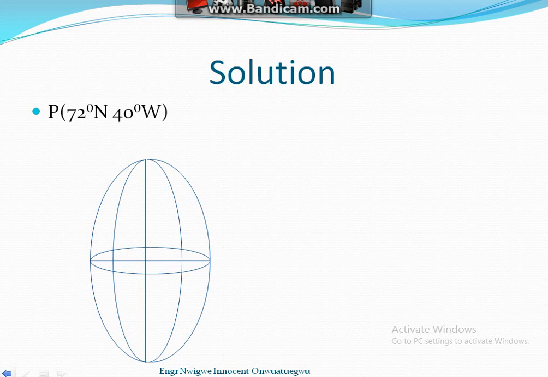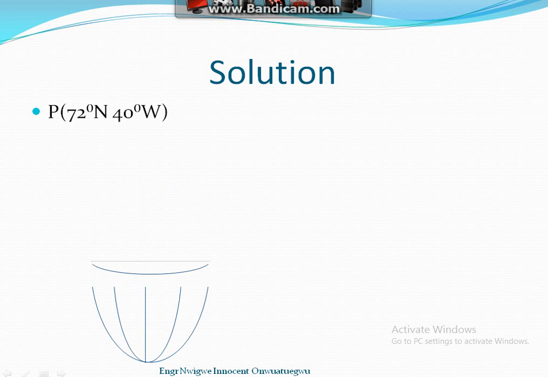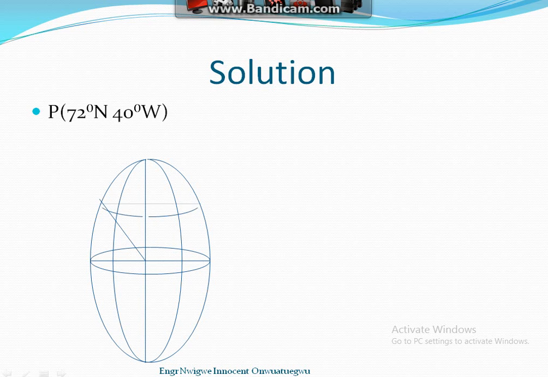Then to locate our point P, we measure out 72 degrees north. Then we use our ruler to join it to the small circle at point P. Then at point Q, we measure out 23 degrees north.